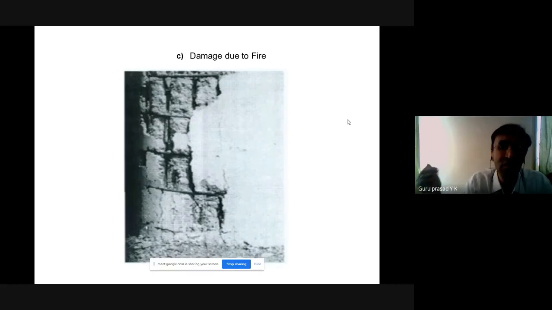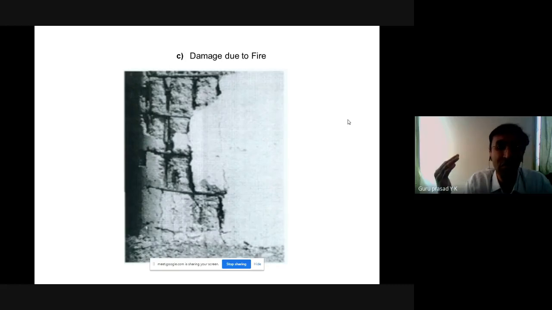Water forms an integral part in the hydration process, such that the concrete tends to harden. So what happens in the event of a fire? Up to around 250 to 300 degrees centigrade, the free water in concrete will be lost.